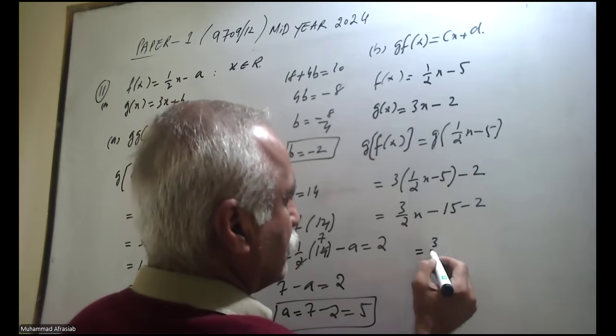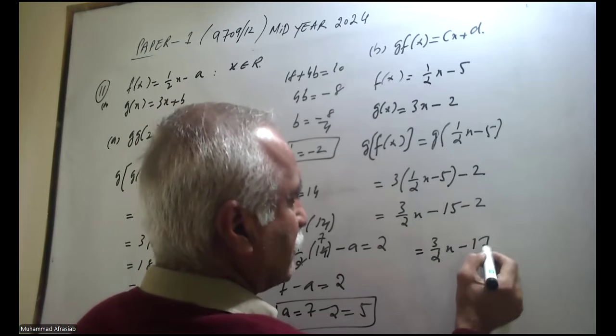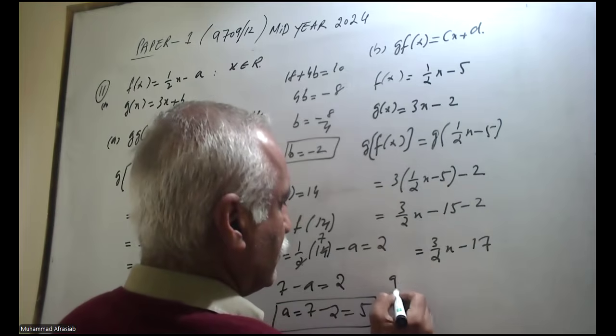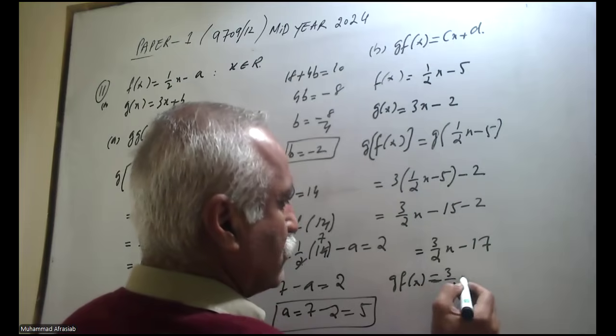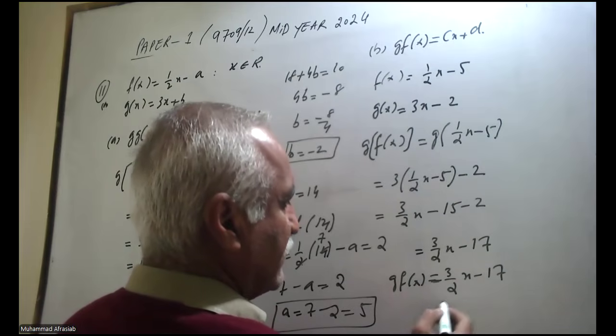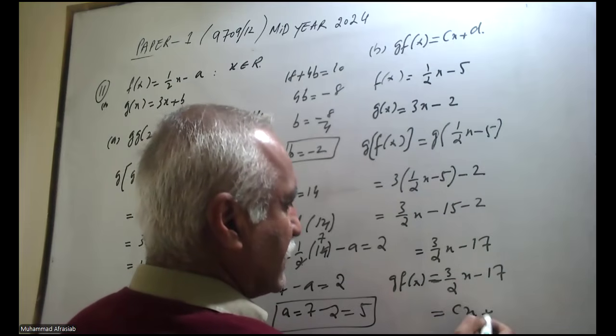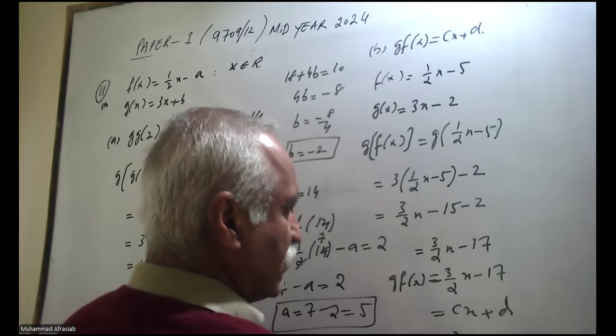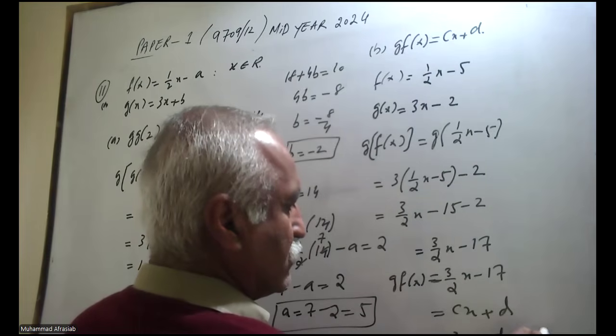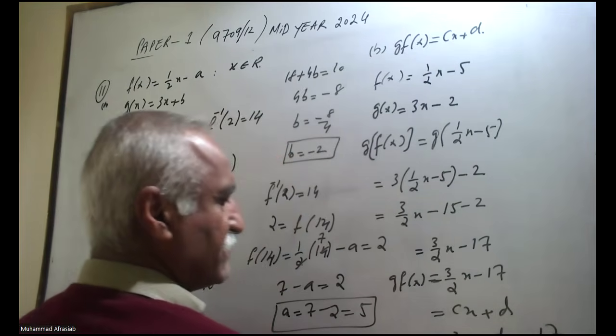This thing is equal to 3 by 2x minus 17. So g f of x is equal to 3 over 2x minus 17. That is equal to cx plus d. So c value is equal to 3 over 2 and d value is equal to minus 17.